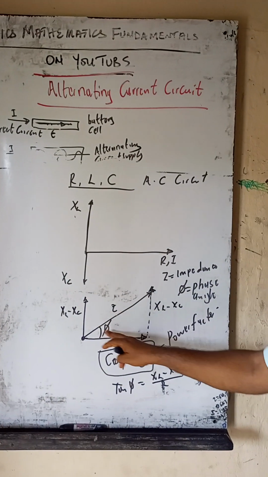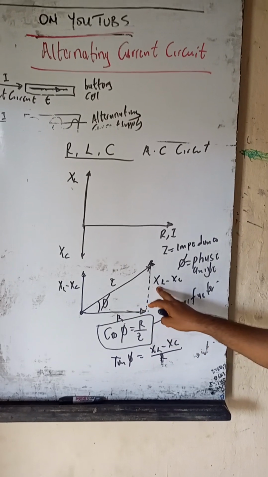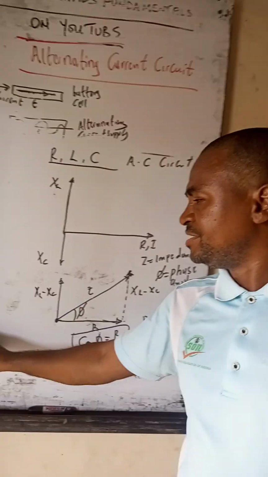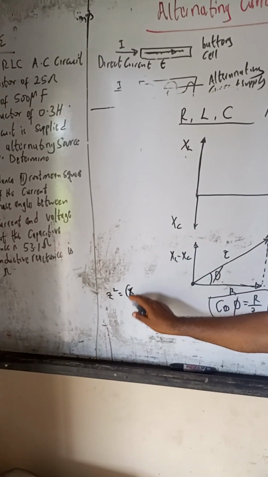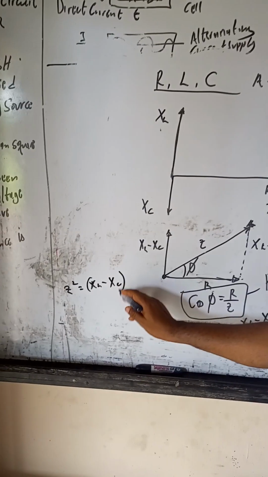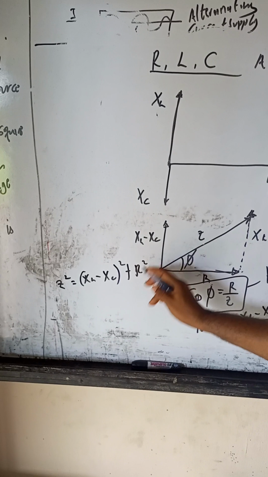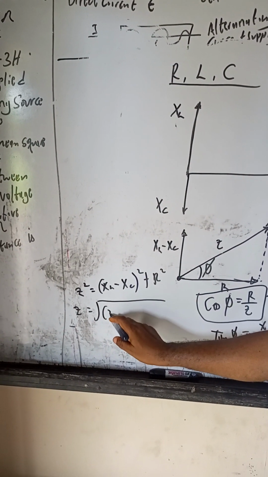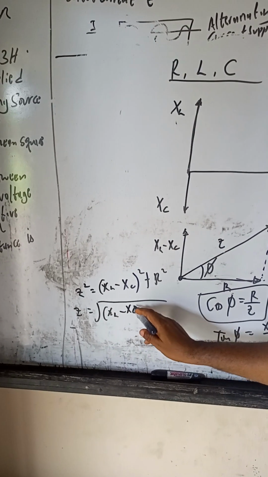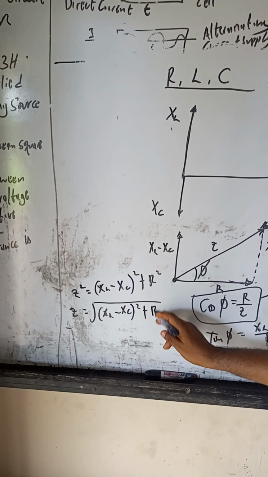If you look at this right angle triangle, the relationship between Z, R, and XL minus XC is Z squared is equal to XL minus XC squared plus R squared. So Z will give us the square root of XL minus XC squared plus R squared.